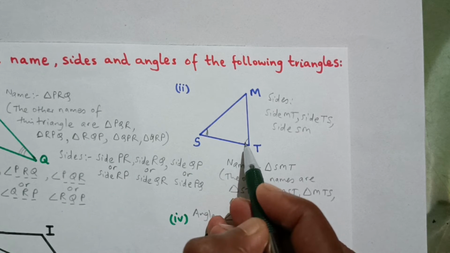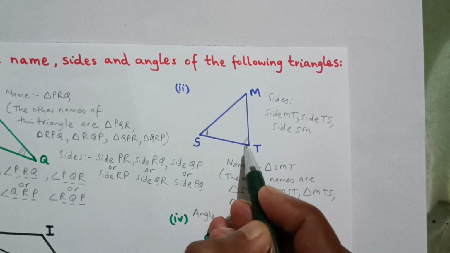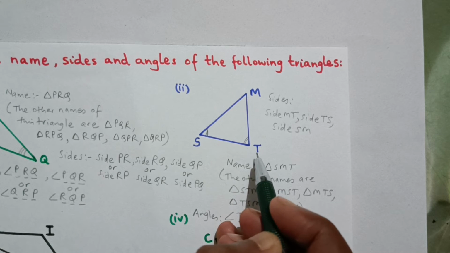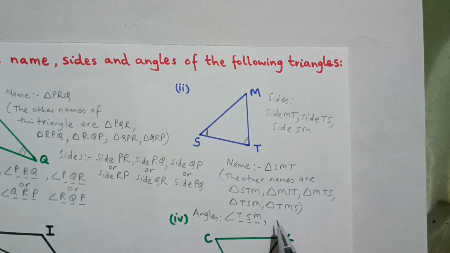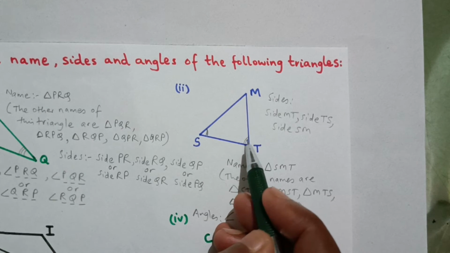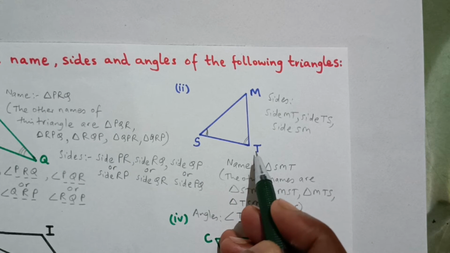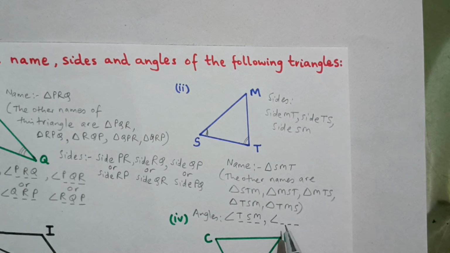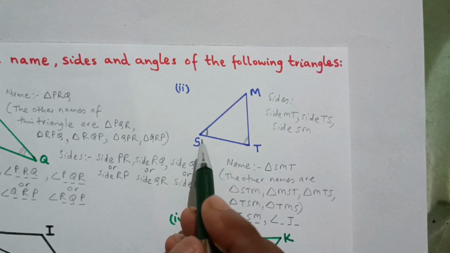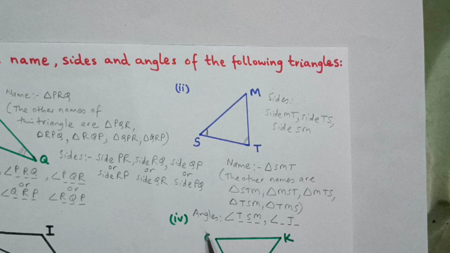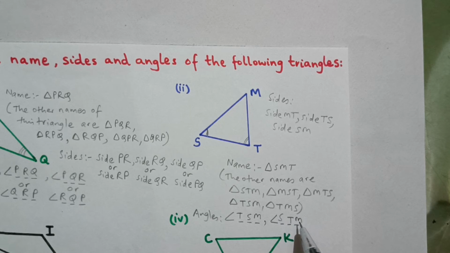Then let us go to this angle. This angle is formed at the corner T, or the vertex T. So T will be the middle letter, and the other two letters are S and M. You write S over here, M over here, or you could have written M over here and S over here.